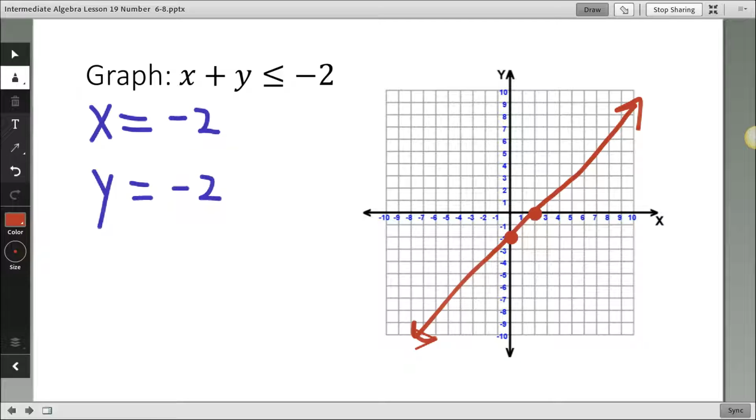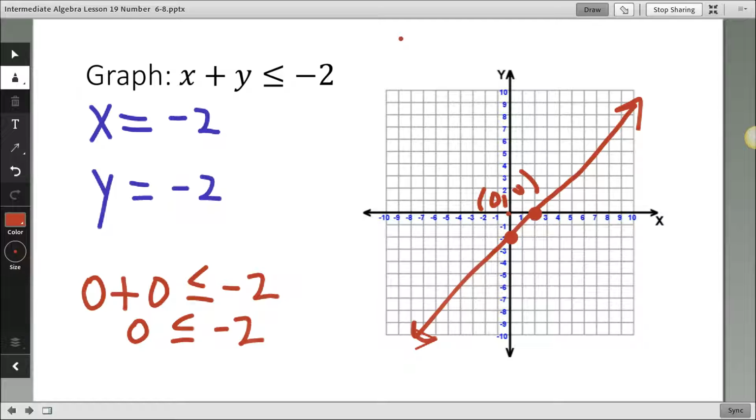And if this is the first video you're watching, you're testing a point. You pick a point on the graph. You test it in the given inequality. So we're going to test 0 plus 0 because that's the ordered pair I'm using, 0, 0. And we're going to test to see if it's less than or equal to -2. So is 0 less than or equal to -2? Well, no, it is not.